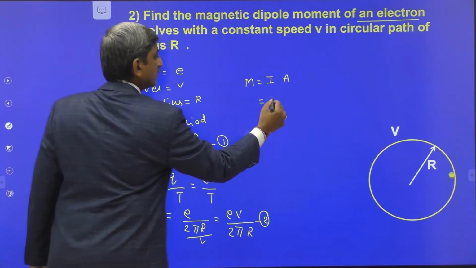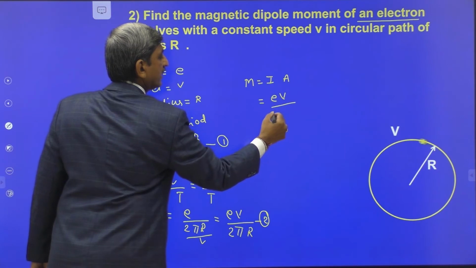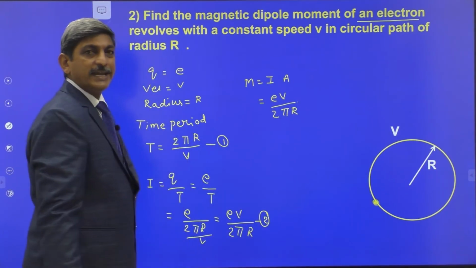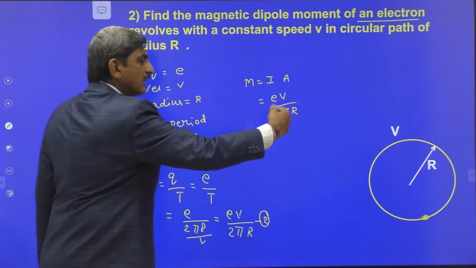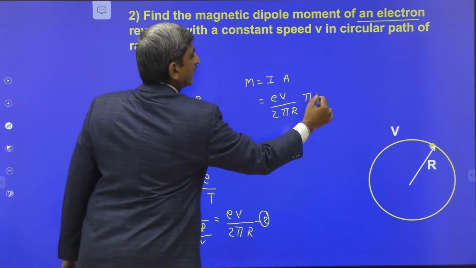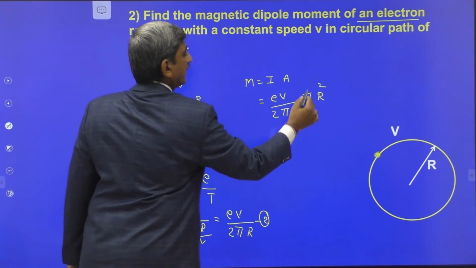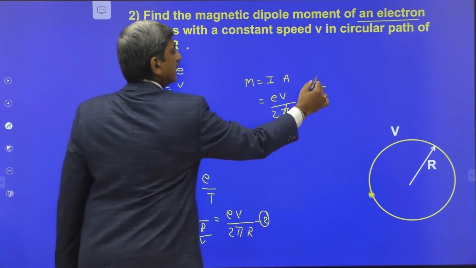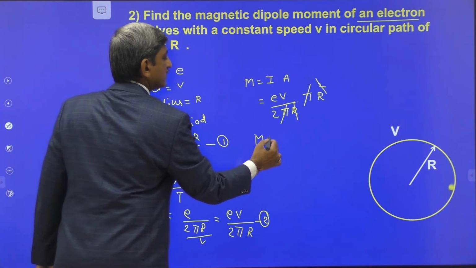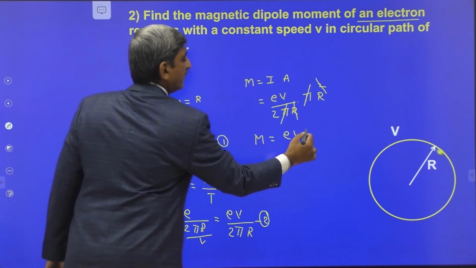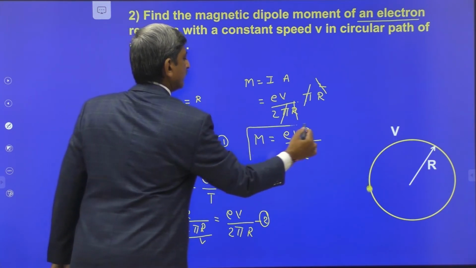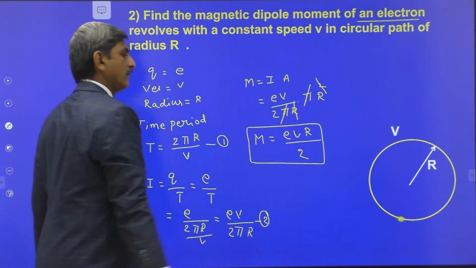Here I is equal to e v divided by 2 pi r into A, the area of the circle described by the electron, which is equal to pi r square. Here pi gets cancelled and one r gets cancelled, and finally we have M is equal to e v r divided by 2. Okay?